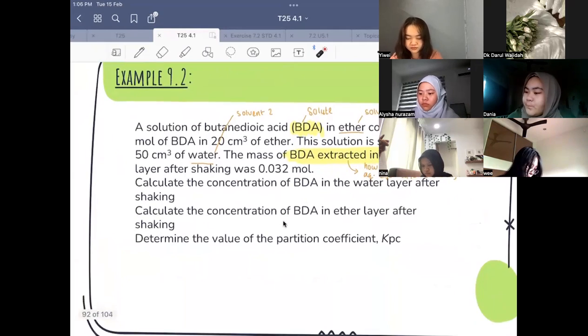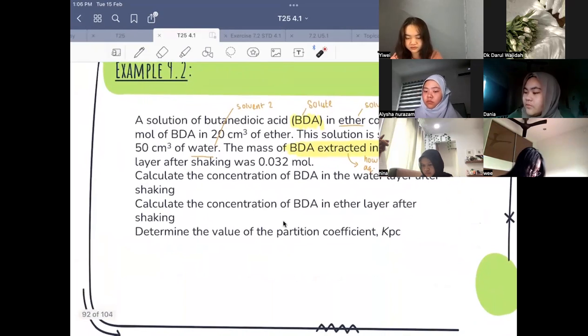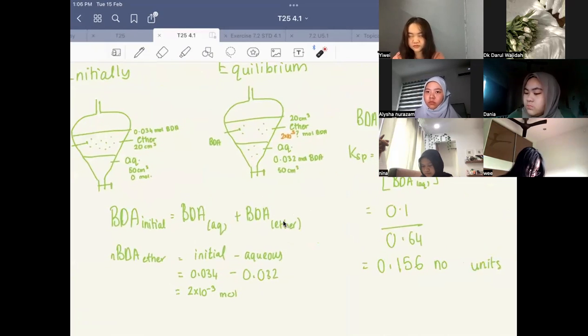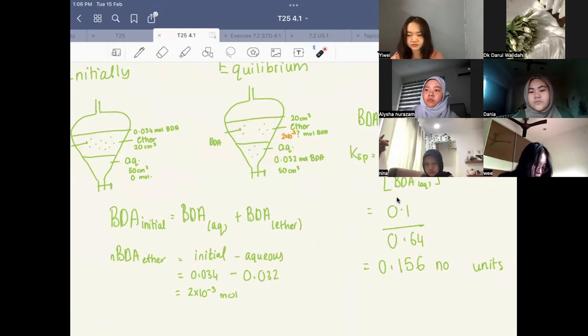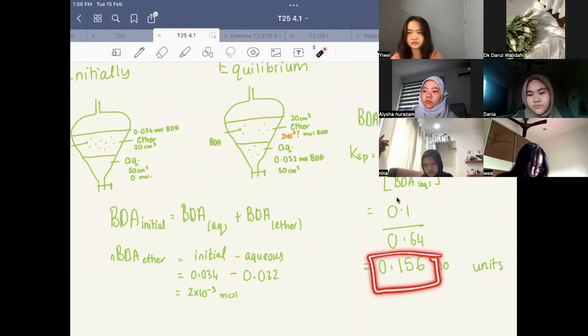Another example that we were doing is example 9.2. Same thing. Our solute is BDA, and then our solvents are aqueous and ether. If we want to know if BDA is more soluble in ether or in water, which is your aqueous layer, you look at the number. 0.156 is again smaller than 1.